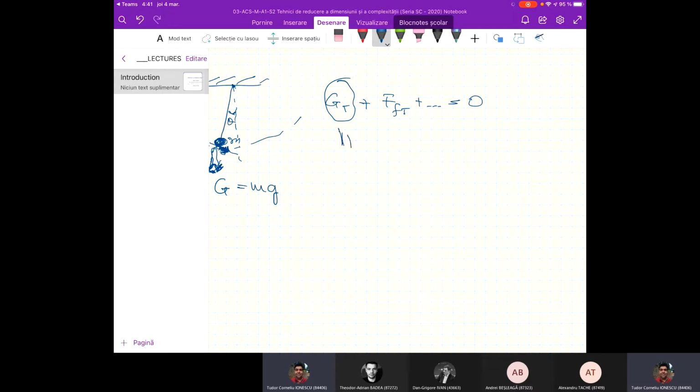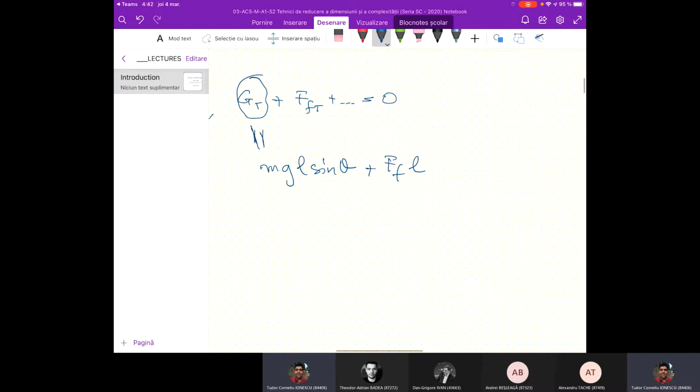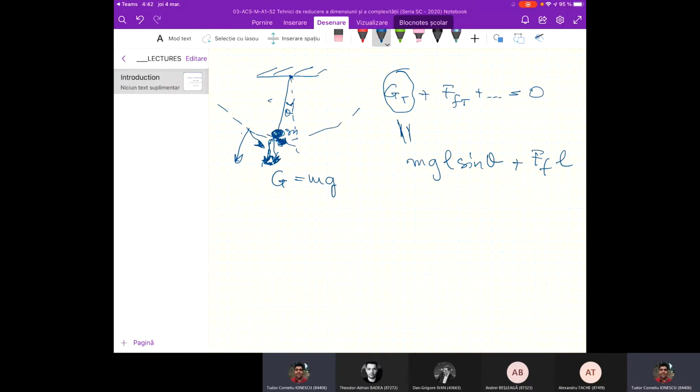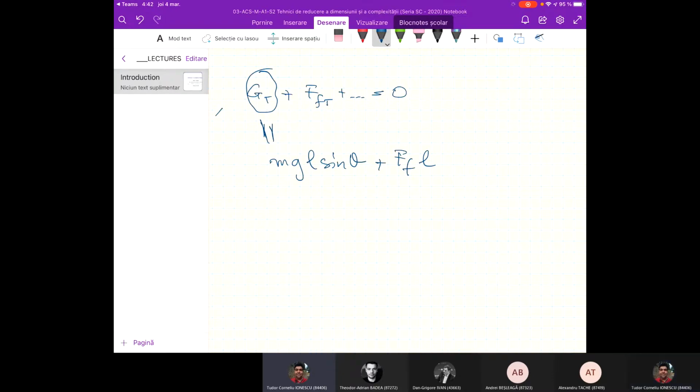So this is going to be something like mgl sine theta, plus the friction torque, which is the friction force times L, where L is the length of the beam or the rod.